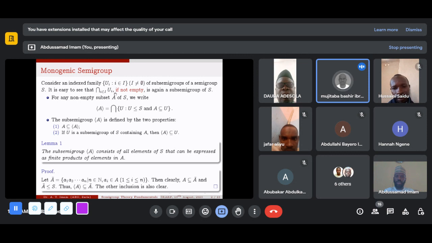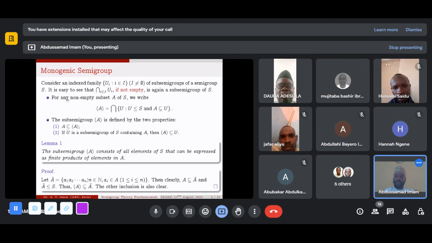So at least the identity element will always be a common element. But in semigroup theory, a semigroup doesn't necessarily have to contain an identity element, and therefore the intersection of a given family may be empty. But whenever it is not empty, it is again a sub-semigroup of S.